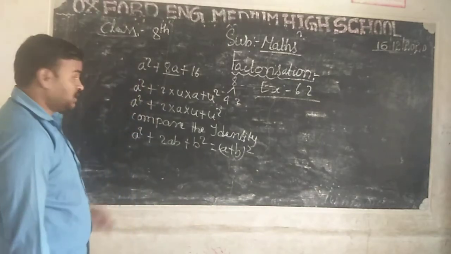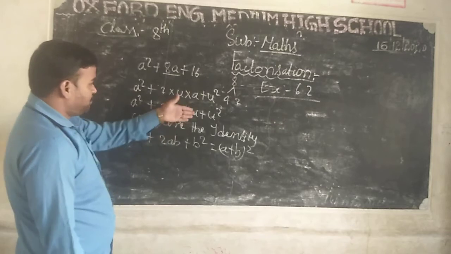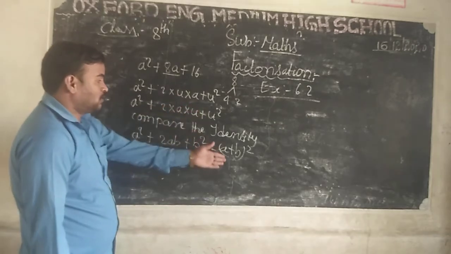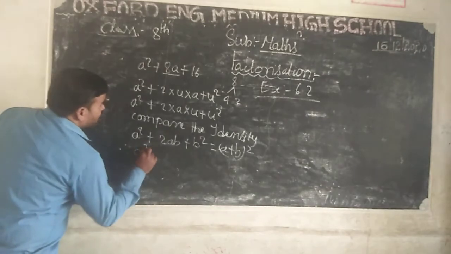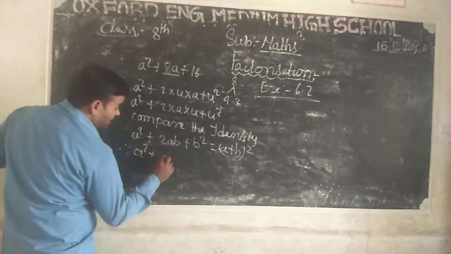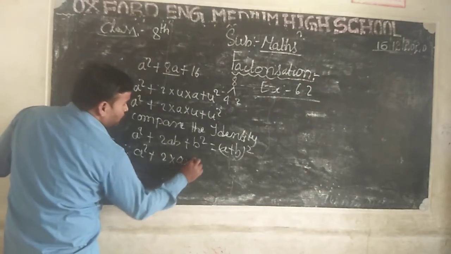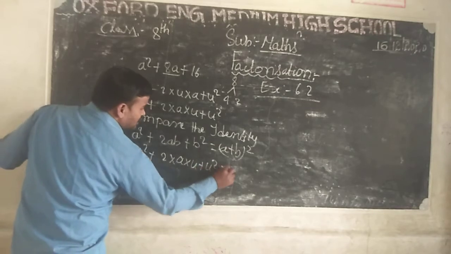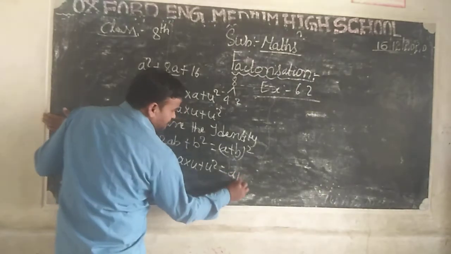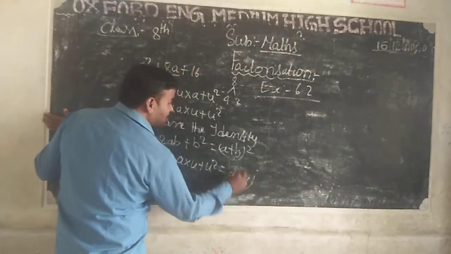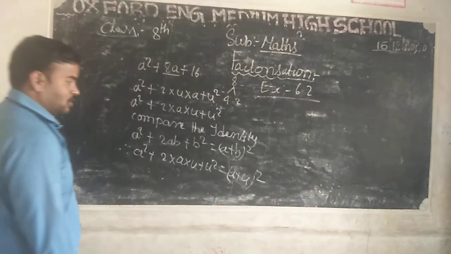Then you compare: in place of a, we have a, and in place of b, we have 4. So a square plus 2 into a into 4 plus 4 square is equal to a plus 4 whole square.